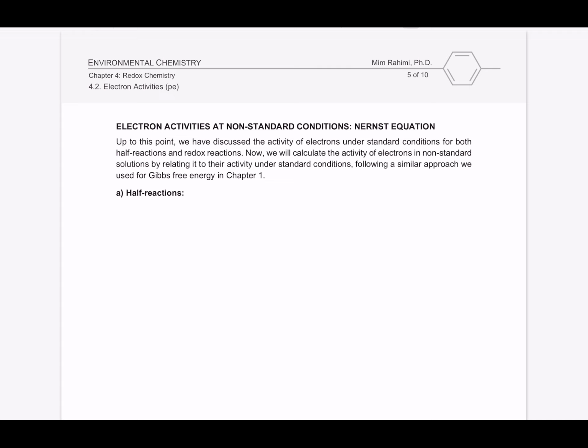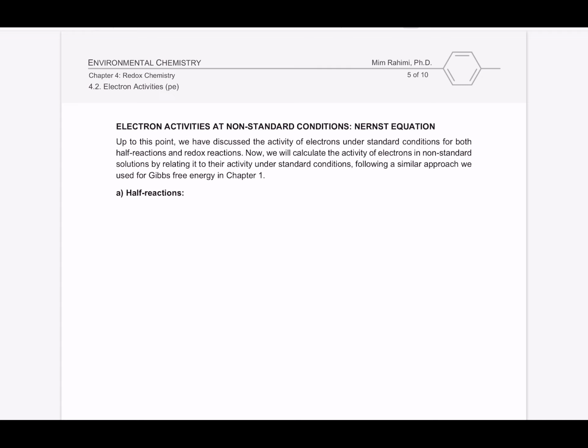If we can do that, that would be very powerful, because we can describe the electron activity at any condition for any redox reaction. That's basically the whole idea of the Nernst equation, probably the most important relationship in electrochemistry as well. Here we're approaching it from the electron activity, but it would be basically the same thing.